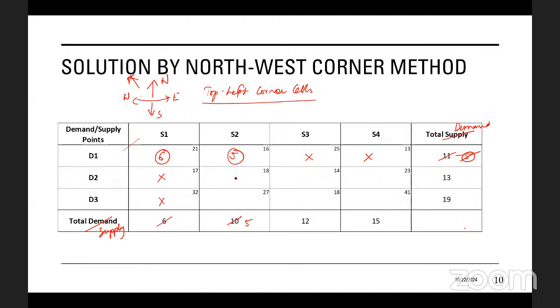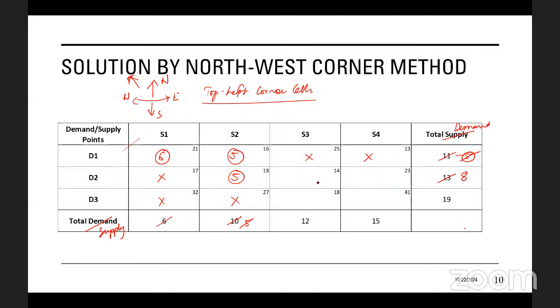Now D2S2 becomes the northwest corner cell. Here we can make an allocation of 5 because the supply constraint is only 5, but the demand constraint is 13. So we'll go with the minimum, that is 5. Once we do an allocation of 5, only 8 remains over here, and we strike the D3S2 cell also.